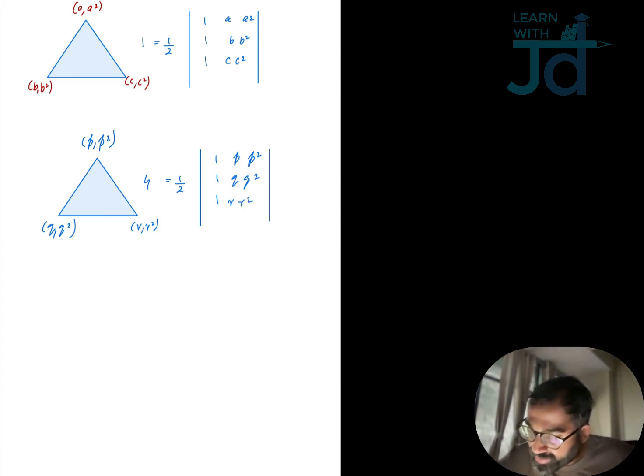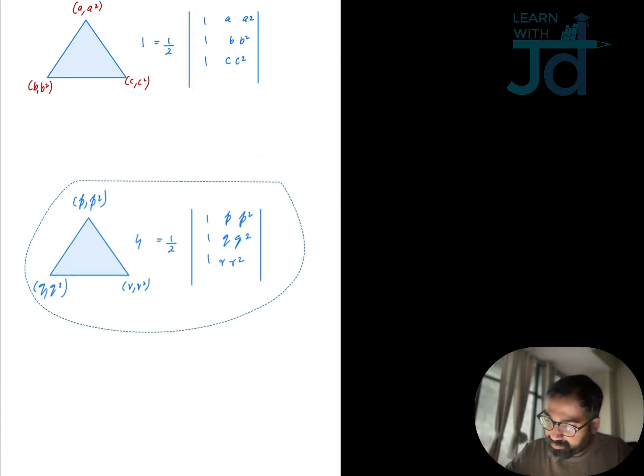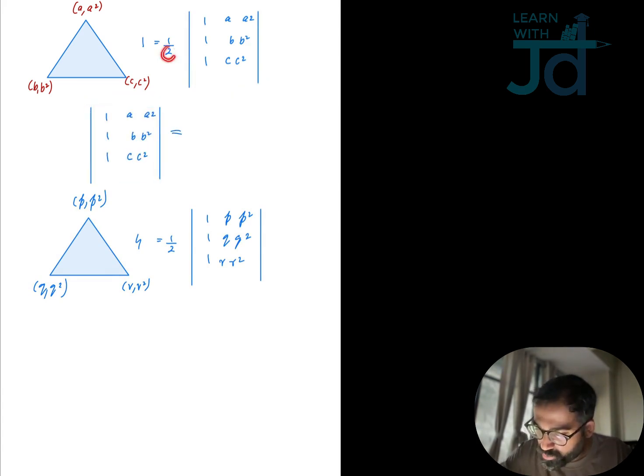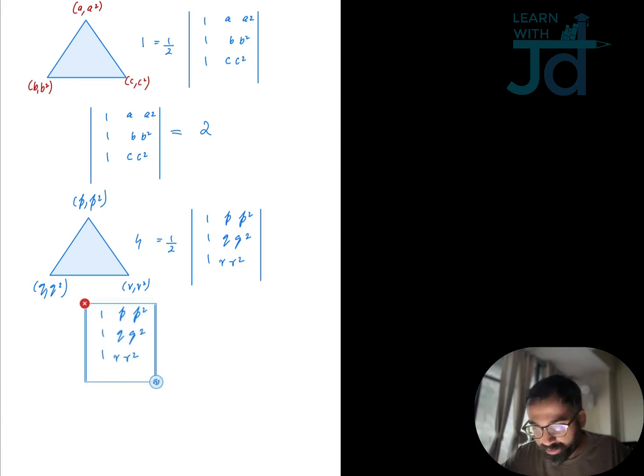So what will this whole determinant value become? This whole determinant value will become 2. This 2 will cross multiply with 4 to become 8. So this value of the determinant becomes 8.